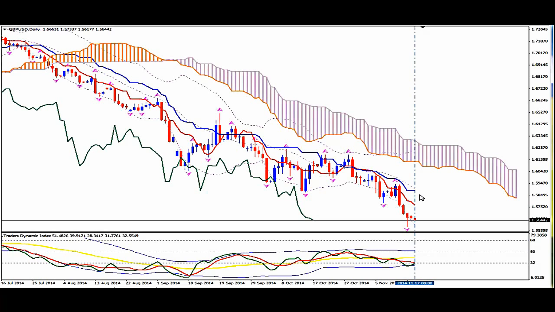For now, we see the TDI's green line getting ready to cross with the red to give a bullish crossover. We have a down fractal at the lower Bollinger Band. This is the daily, but we don't have a clear picture of a reversal yet, so we don't touch it from here.